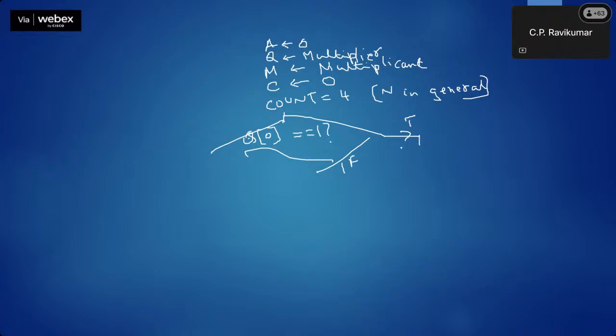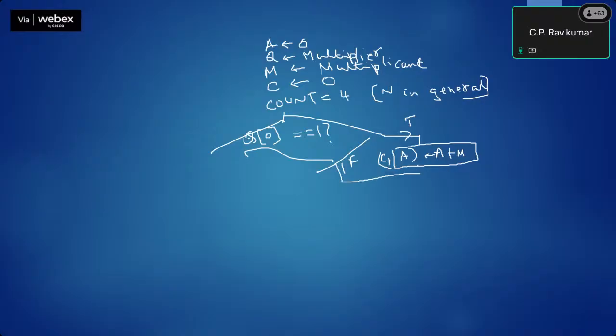If it is true, we will add accumulator to the multiplicand and that will generate a 5-bit number. So we'll put it in C, comma A. This is a 4-bit number, this is a 4-bit number. When I add, I'll get a 5-bit number that will sit in carry and A.